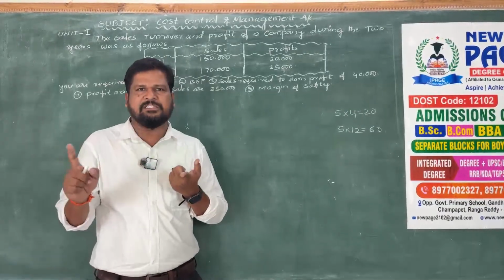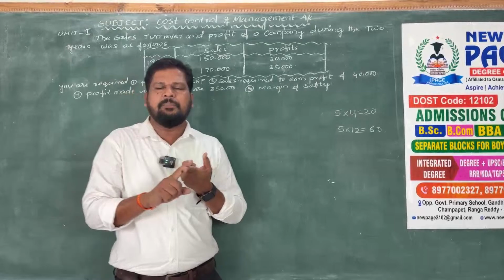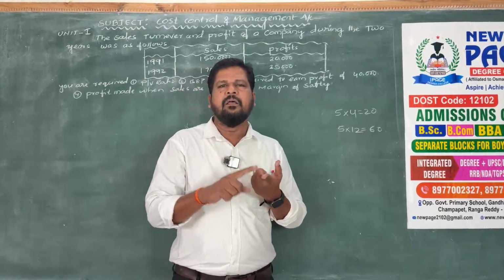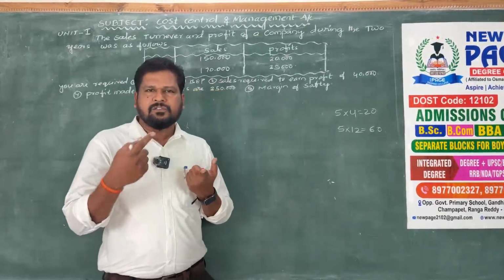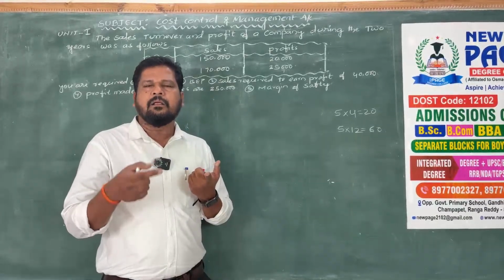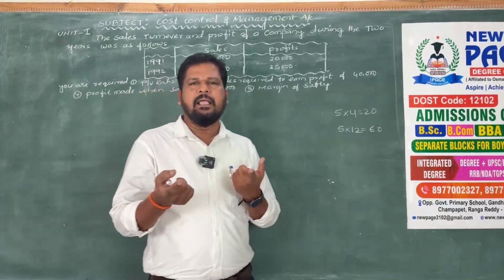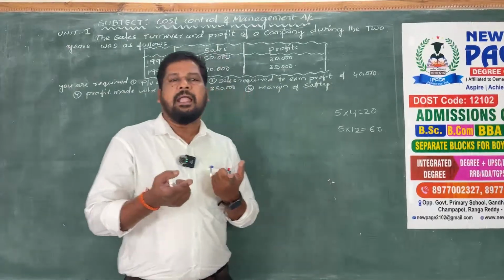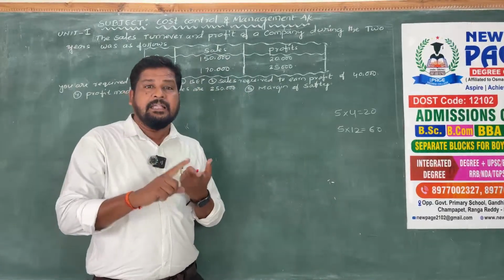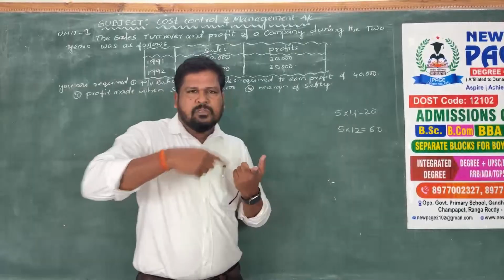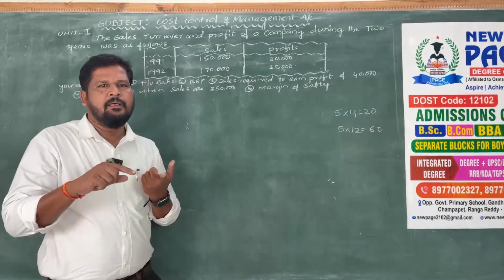This is the definition. So what are the functions of management accounting? Planning, staffing, directing, controlling, organizing, data collection, analyzing the data and interpreting the data. Those are all functions.